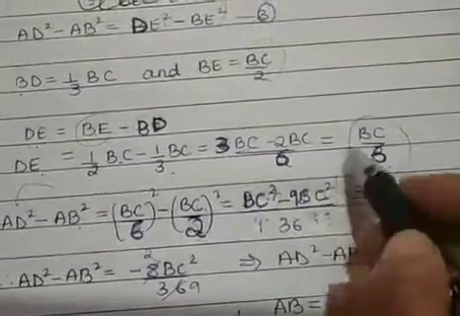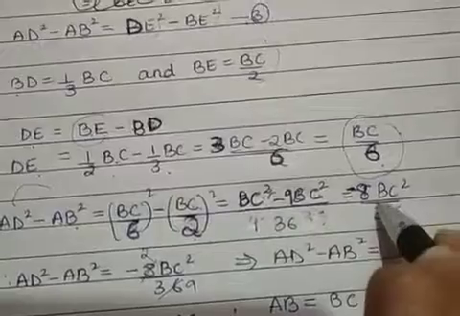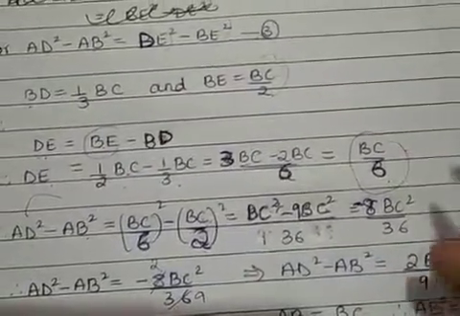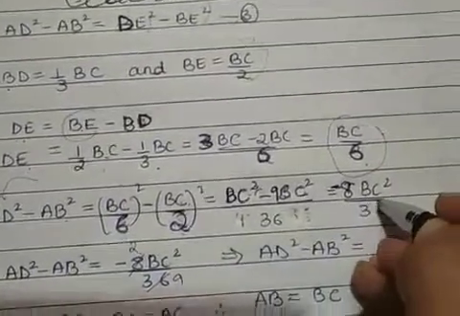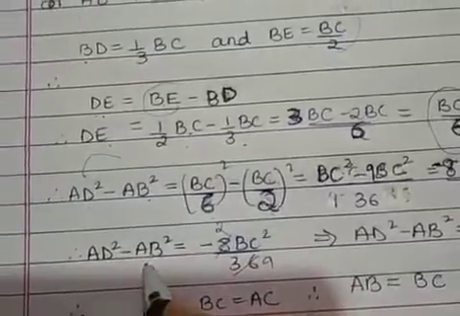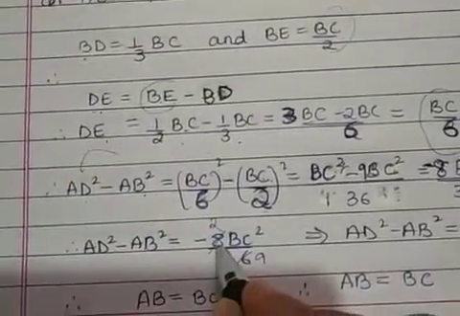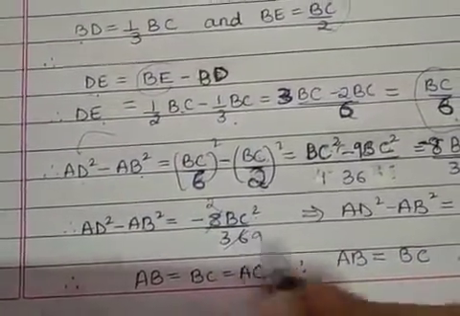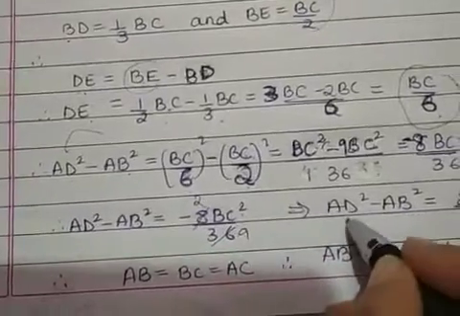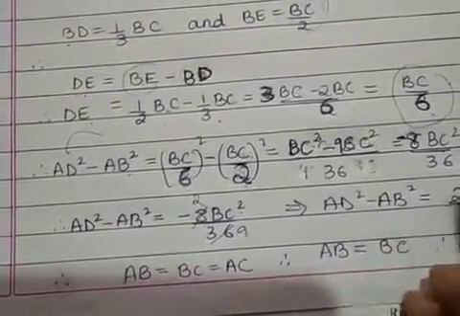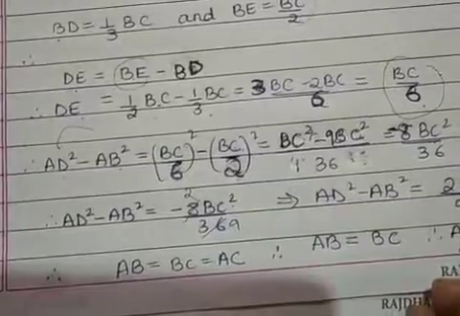On simplifying we get minus 8 BC square upon 36. So AD square minus AB square equal to minus 8 BC square upon 36, which implies AD square minus AB square is minus 2 BC square upon 9.